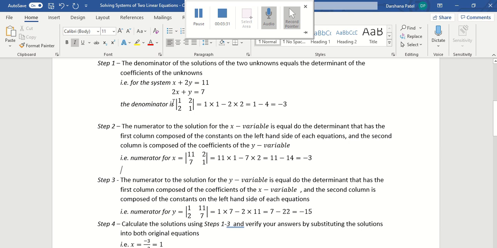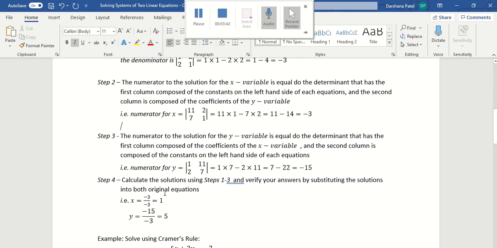So now we have the denominator from the first step, the numerator of x from the second step, and the numerator of y from the third step. Our solution is x equals -3 divided by -3, giving us 1, and y equals -15 divided by -3, giving us 5.